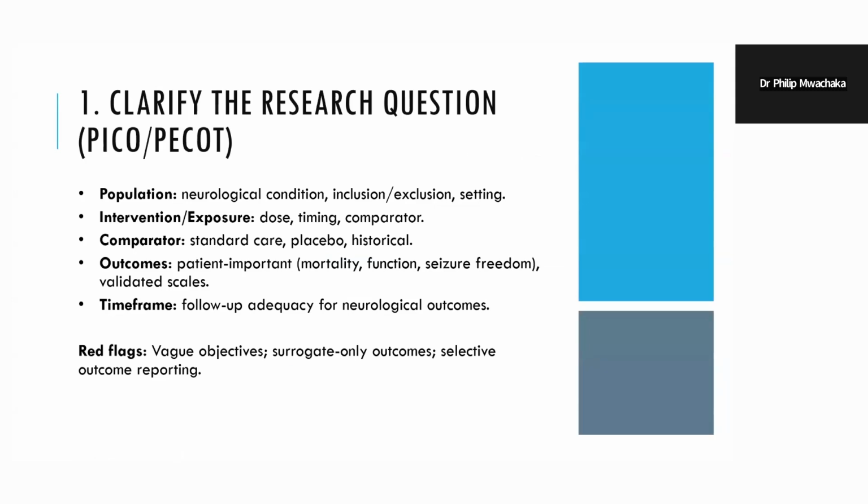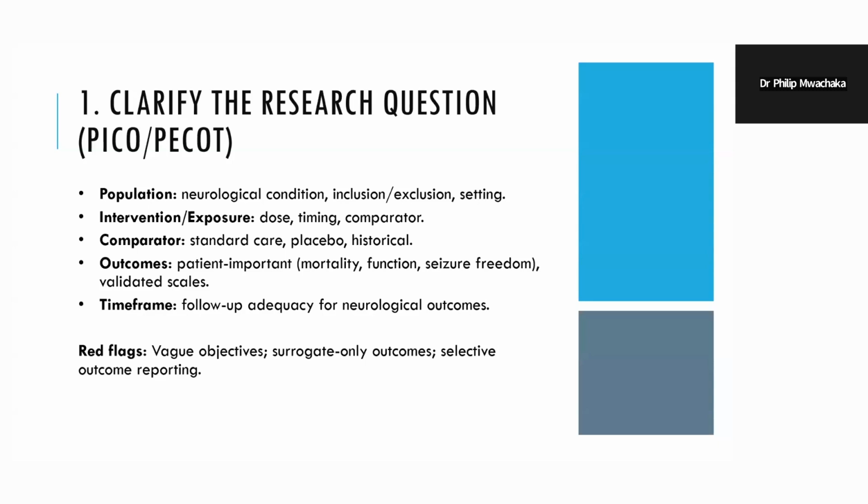For example, you state that I was looking at adults with stroke. That is population. And by adults, you have to be very clear. You state the age so that we know that if we repeat this study on that specified population, we are likely to get similar results.